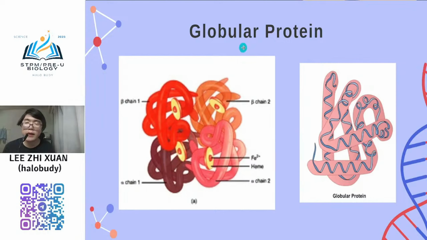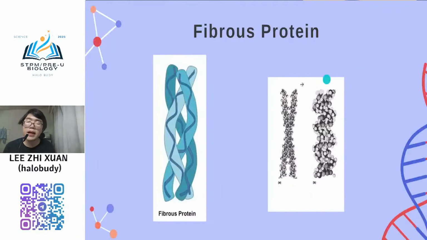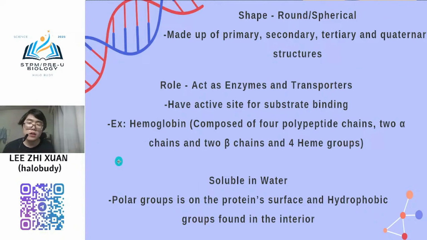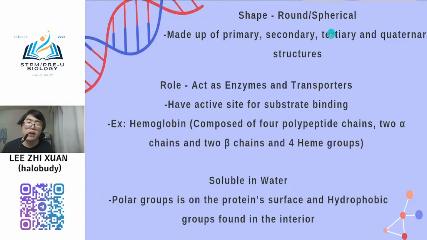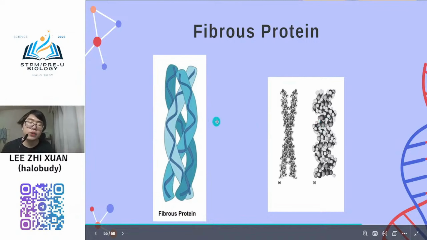Globular protein is normally a circular 3D shape, a spherical round structure. It is made up of any type of protein structure where the amino acids can be folded like that.